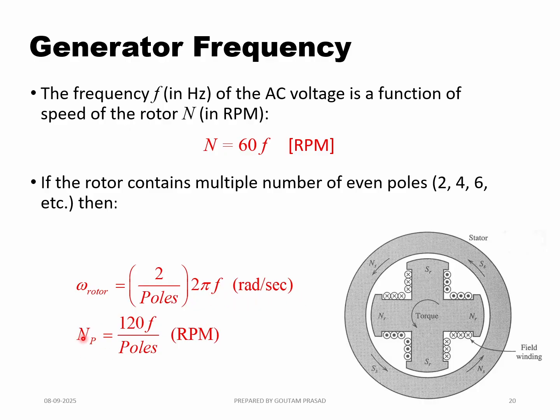So N, the speed with which the poles are rotated, is 120 f by P RPM. Here stator and rotor both have been shown. This is the stator part, and the winding of the stator is here, and this is basically a 4-pole machine. The rotor is rotating in anti-clockwise direction, and the armature coil is put on the stator, as we have talked earlier.